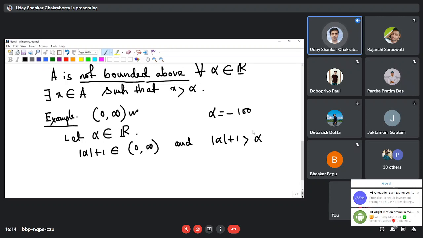Very good. It proves that you give me any real number, I can produce an element inside the set which is greater than that element. So I am through. This set 0 to infinity is not bounded above.